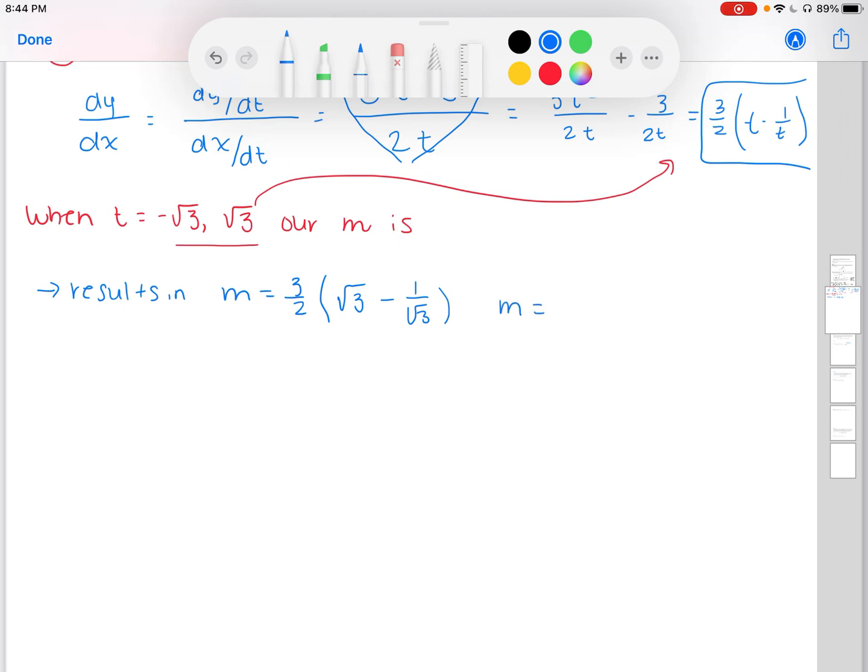And our other slope will be 3 over 2 times negative square root of 3 minus 1 over negative square root of 3.